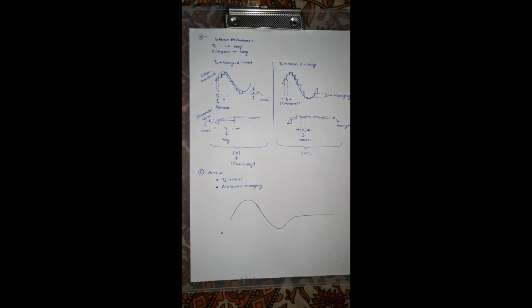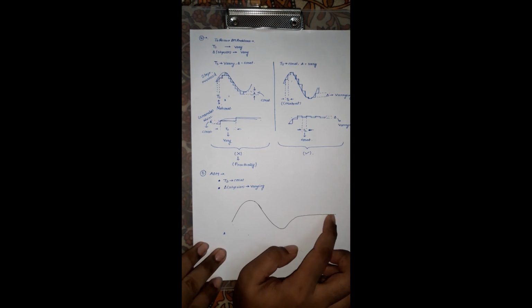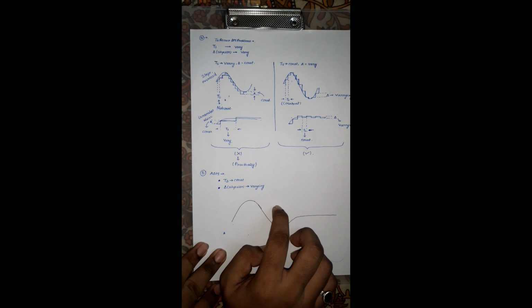See, I have taken such a type of signal where granular noise can be present. If we do delta modulation of this signal, you know that for a constant signal granular noise can be present, and for a drastically changing signal there must be a slope overload problem in delta modulation.